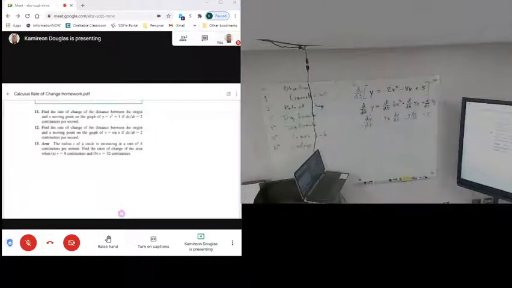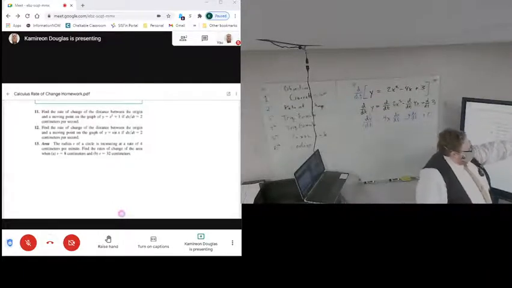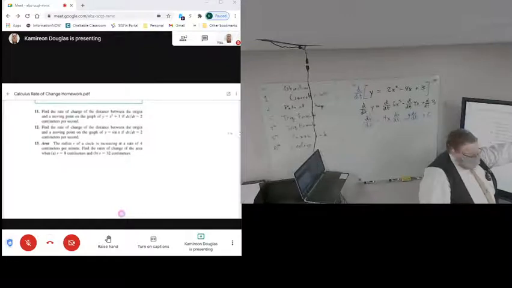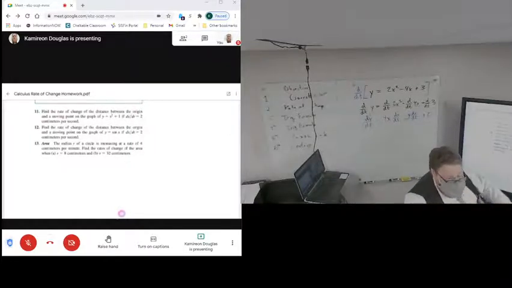Unlike with standard problems, you may have to pull some equations from previous classes. Examples. This question is asking about the distance. So at some point in time, we're probably going to use a distance formula.